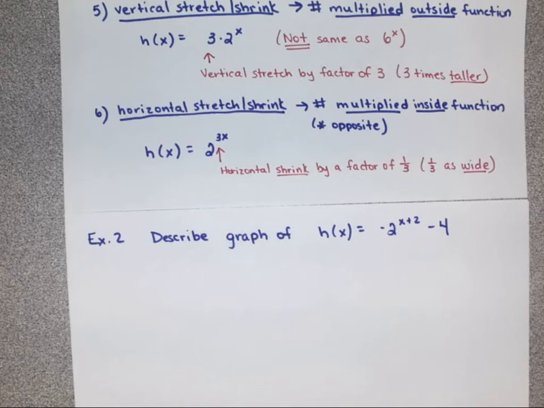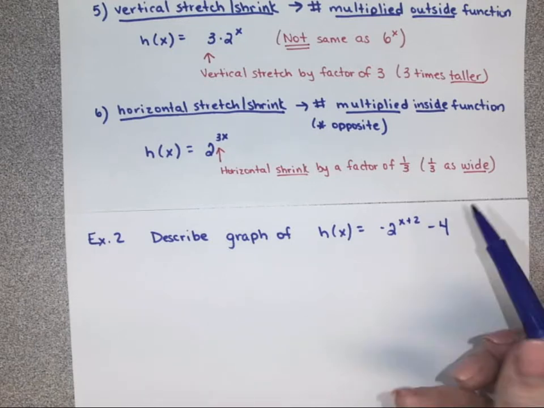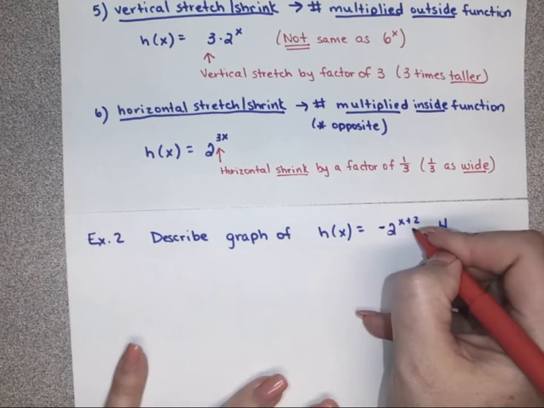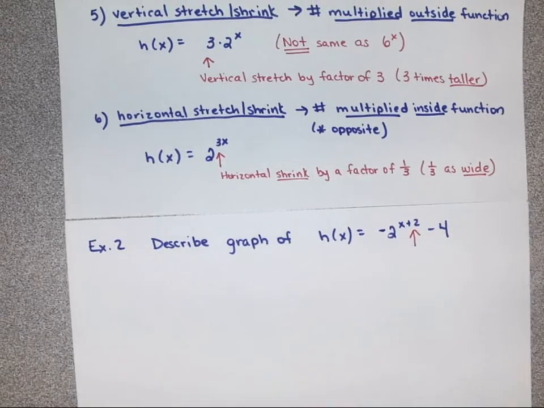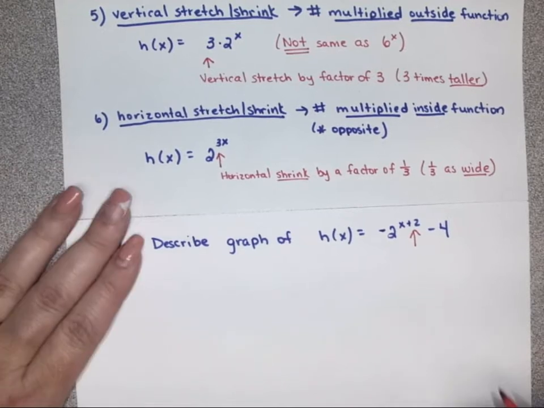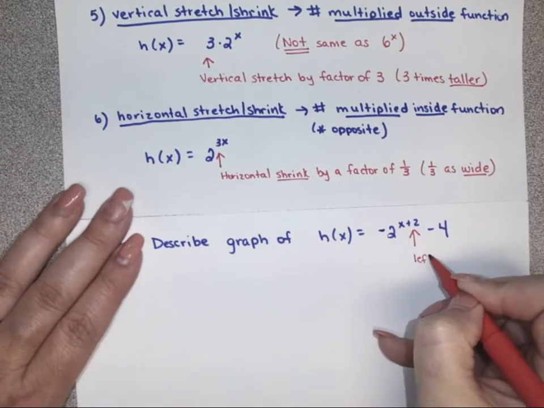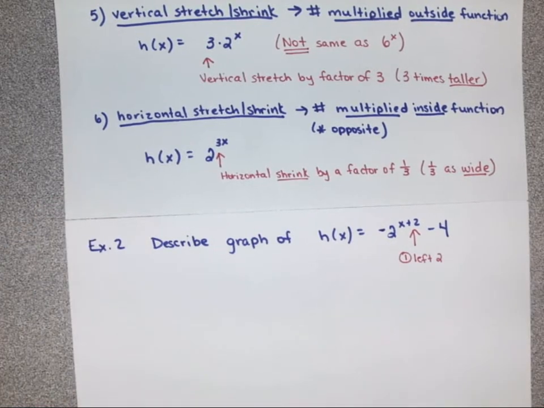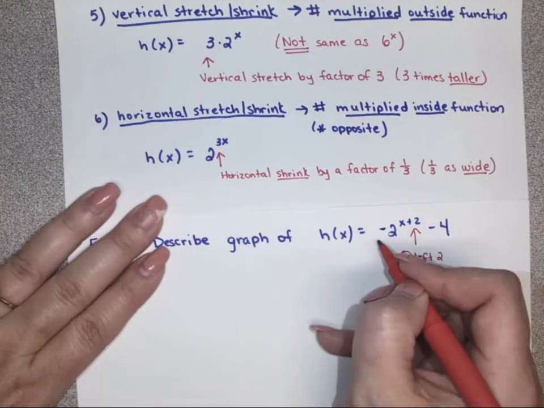So remember, when you're trying to decide what the order is, just work from the inside out. So start here. Notice this is the most inside of the function you can be, right? So what kind of shifting would this be? This would be a left 2. So I'm going to put a 1 here. That would need to be our first change. And again, if you're working from the inside out, what should come next? Which part should you tackle next? A -2. Okay, notice where it is.